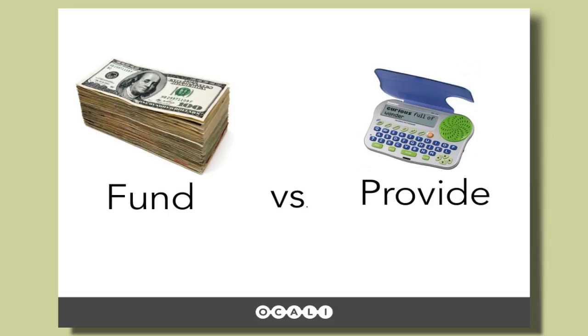So it should be free to the parent and the child. But that doesn't mean they have to fund it. They can acquire it by either purchasing it or renting it, or they may already have it within their district and not be using it with another student who has grown out of it and doesn't need it anymore, so they may redistribute it to a different student. So there's really a number of ways they can do that.